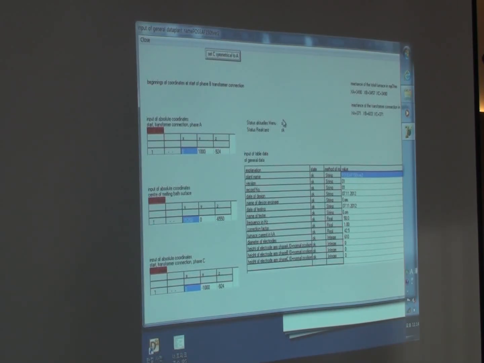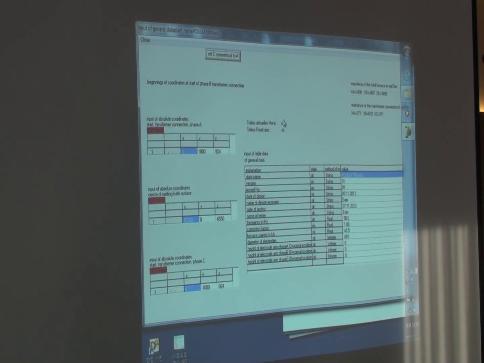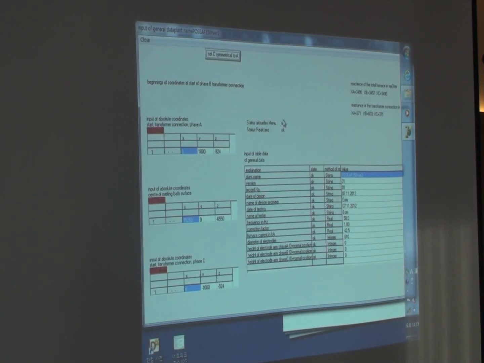Some furnace manufacturers try to make a standardization of furnaces in their own company. For this production and this power, we need this construction.